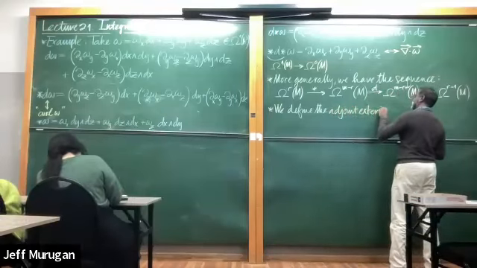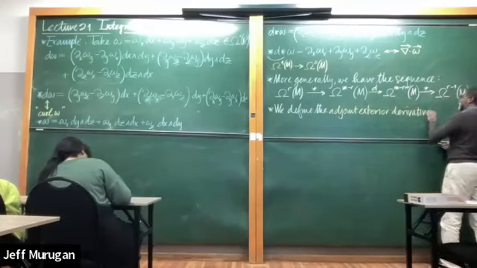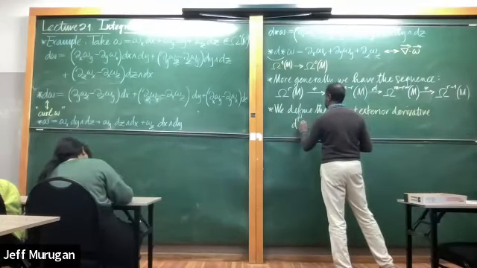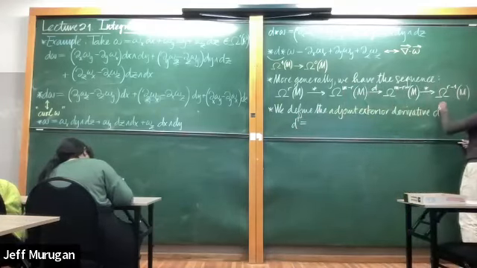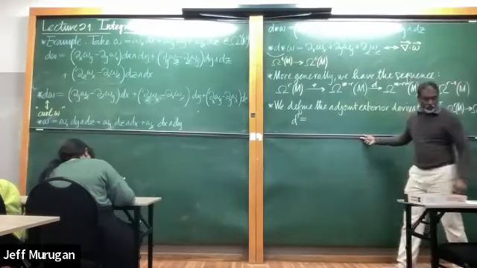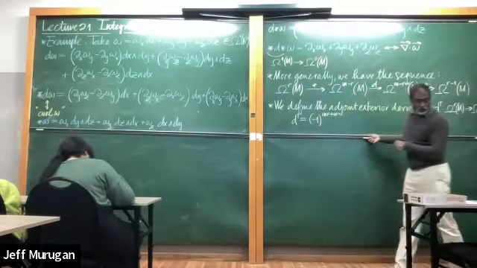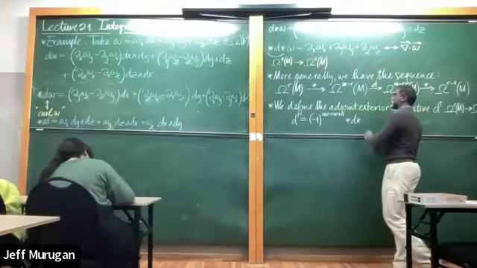the so-called adjoint exterior derivative, denoted by d dagger. d dagger maps omega r to omega r minus 1, and d dagger is minus 1 to the power of m r plus m plus 1, times star d star.